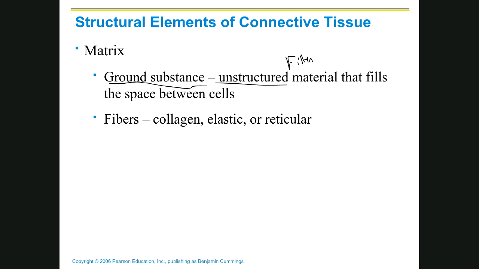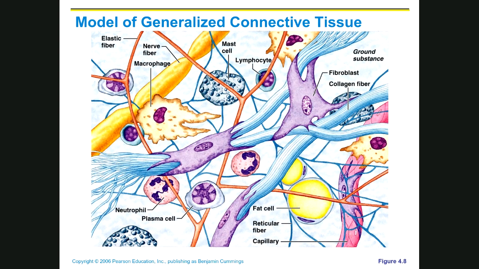It fills all of the spaces in between the cells. And so we go back to this picture. That ground substance is this light blue that we see everywhere. So that ground substance could be hard, it could be soft, it could be flexible. It just depends on the tissue that we're talking about.